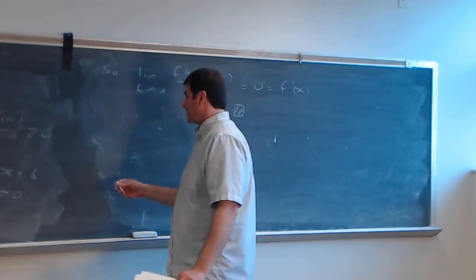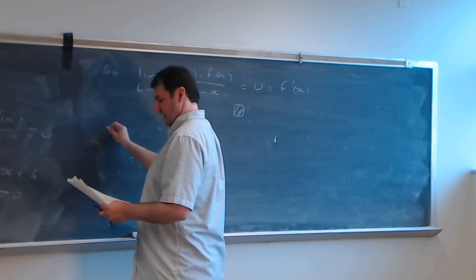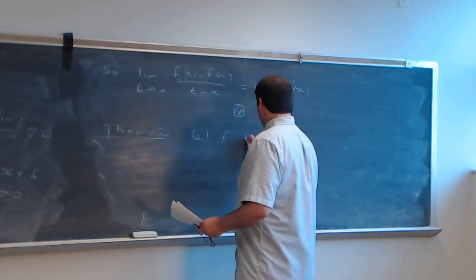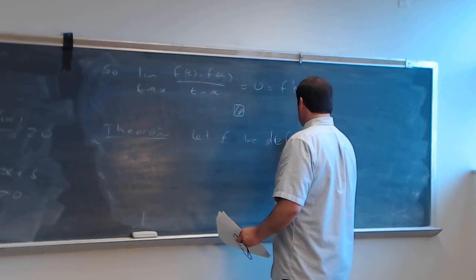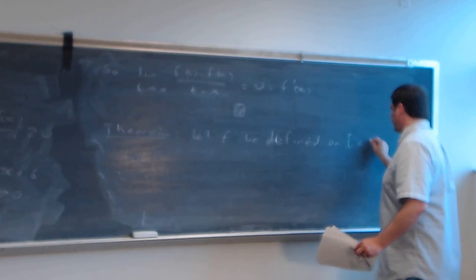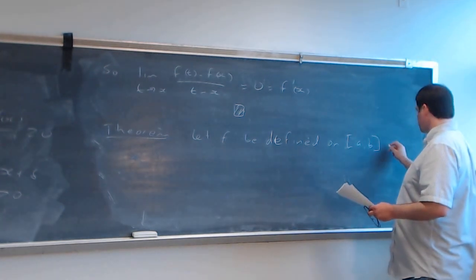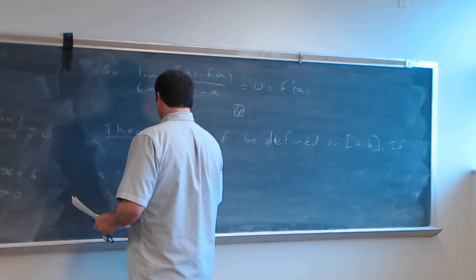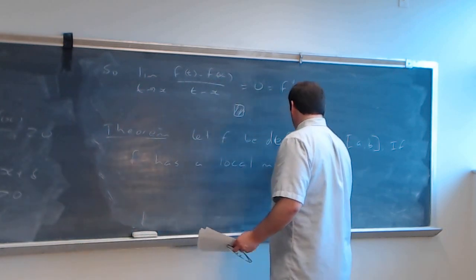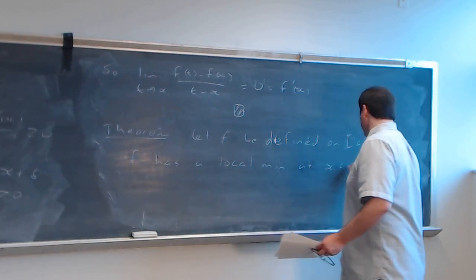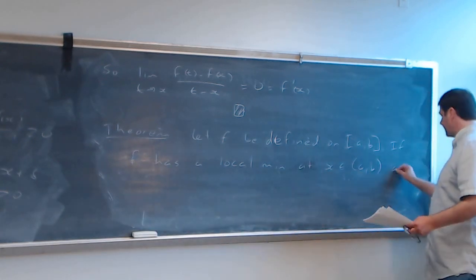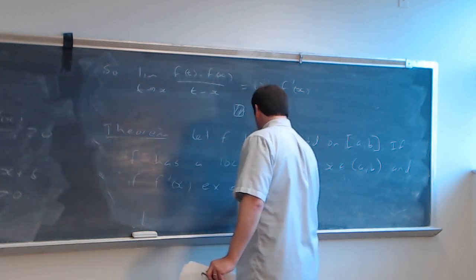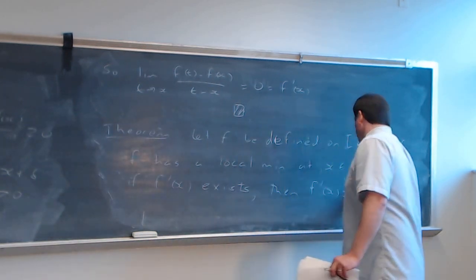Okay, a very similar statement to what we just had can be made, and I'd like to write that on the board, and that is, here, if we let f be defined on the closed interval from a to b, and if f has a local minimum at x, and here it's in the open interval from a to b, and if f prime of x exists, then f prime of x has to be equal to 0.